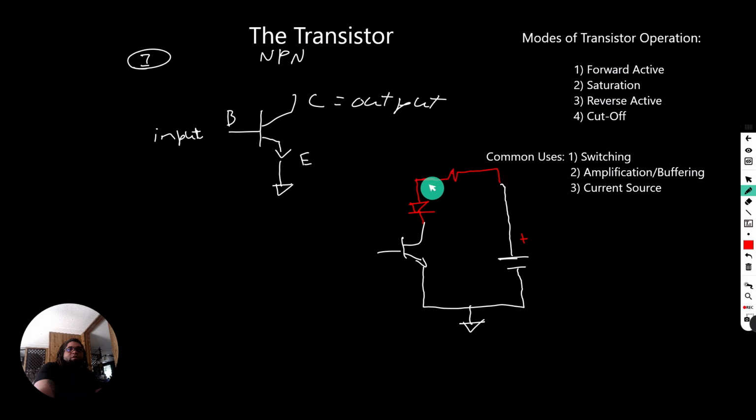And that's our circuit components in the red there. So if we have a resistor, let's say it's a 100 ohm resistor, and let's say this is 5 volts. Okay, we have 5 volts here.